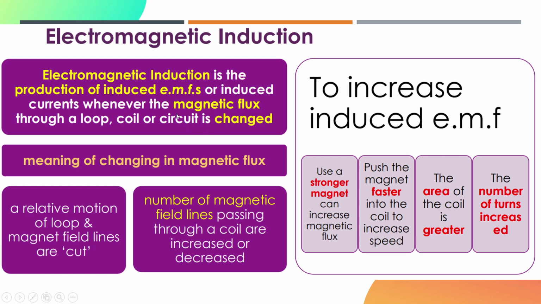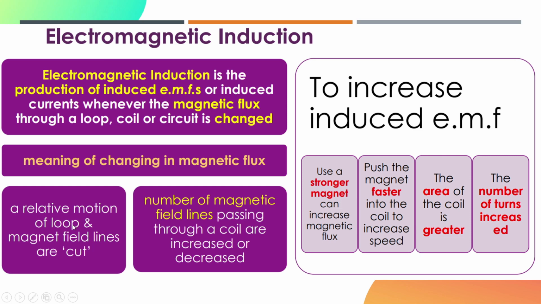So this is related to Faraday's Law, where the equation is EMF is equal to, ingat lagi tak? EMF is equal to negative N d phi over dt. Alright, so electromagnetic induction is basically related to the change in the magnetic flux. Ada perubahan magnetic flux, terhasillah electromagnetic induction.